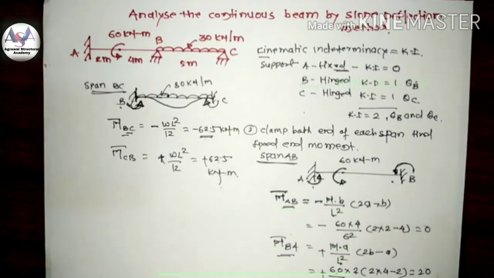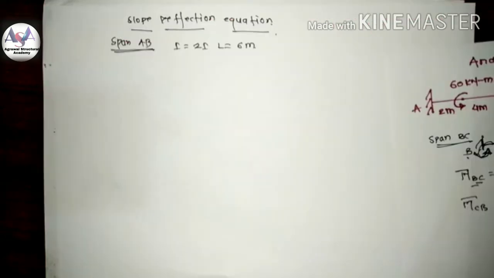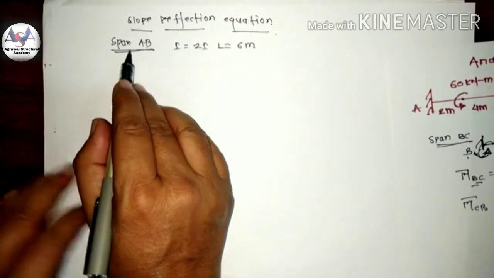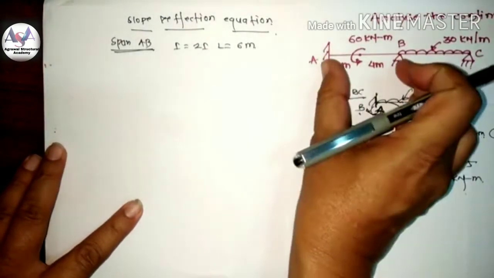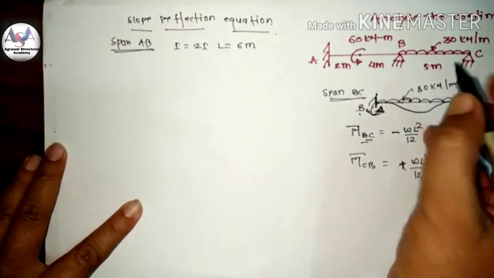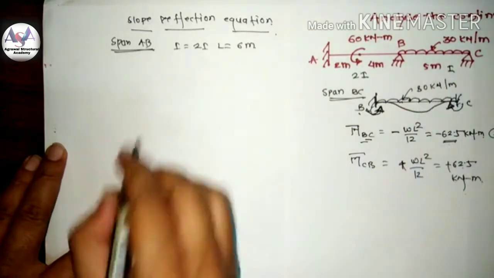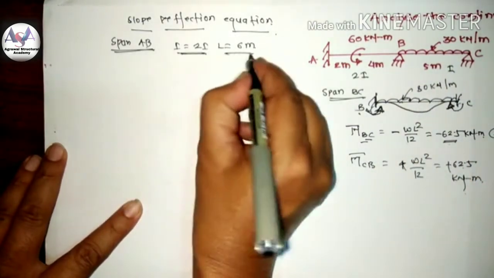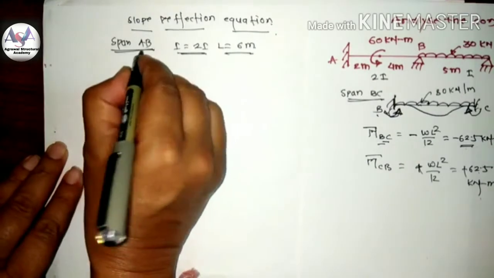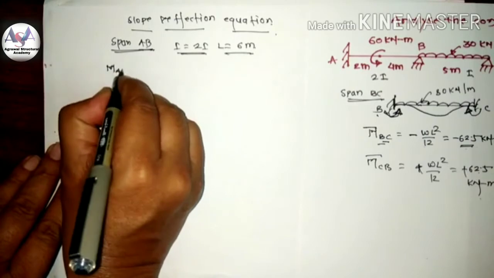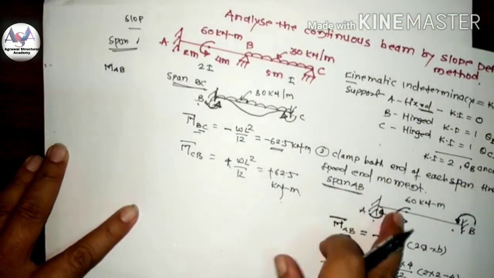Now next step is to develop the slope deflection equation. Now take the separate span AB. Now your I is equal to 2I here and this is taken as I. So I is equal to I and L is equal to 6 meters. What is the formula? You are taking M for AB, so write here capital M AB. Previous ones were the bar because these are the fixed end moments.